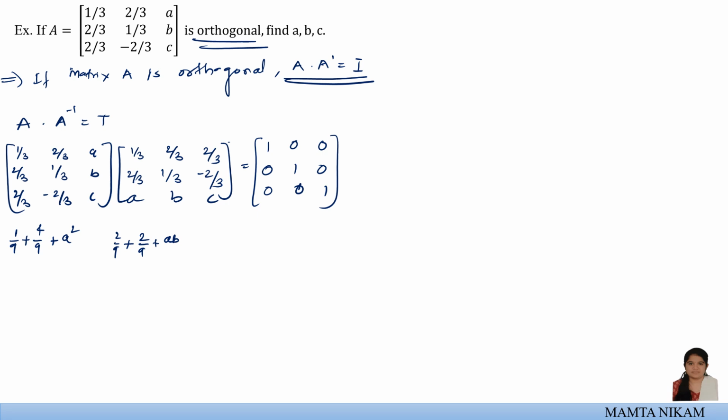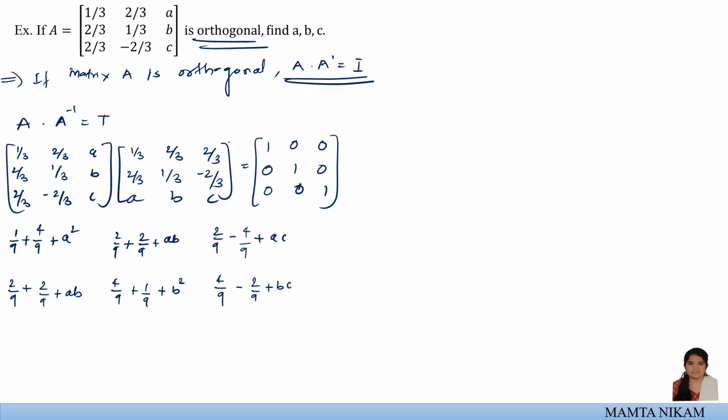Then first row and third column: 2/9 plus, this is a minus sign here, so it will be minus 4/9 (2/3 into 2/3 is 4/9) plus A into C. Next row, second row and first column: 2/9 plus 2/9 plus A into B, then 4/9 plus 1/9 plus B square, and then 4/9 minus 2/9 plus B into C.